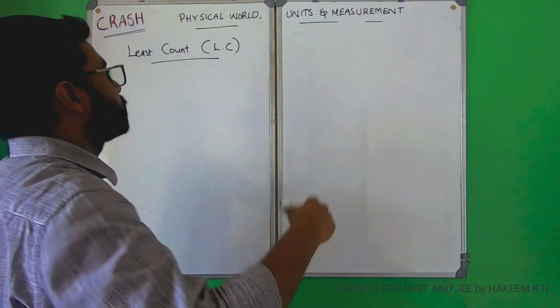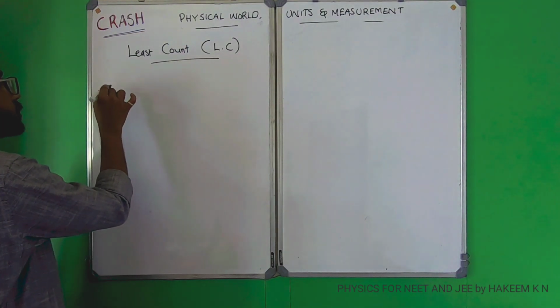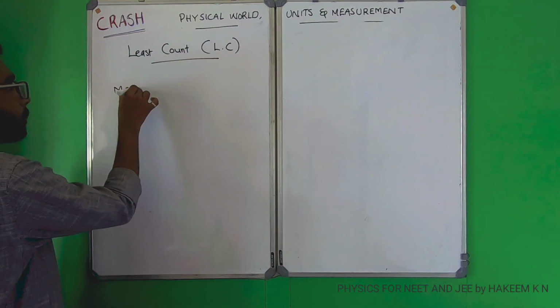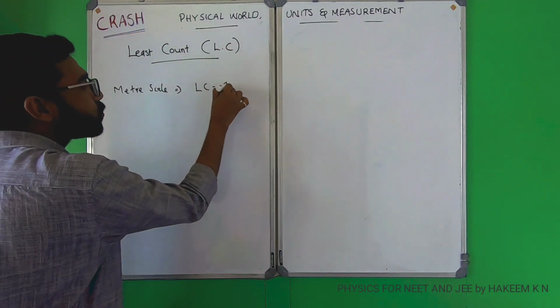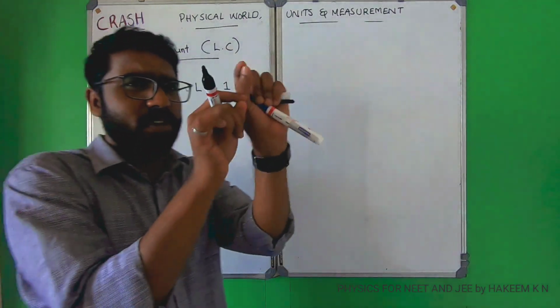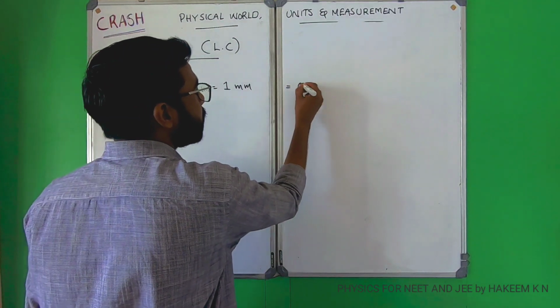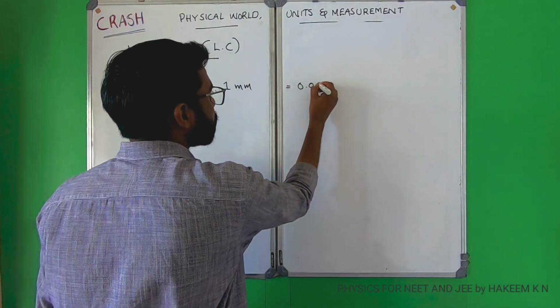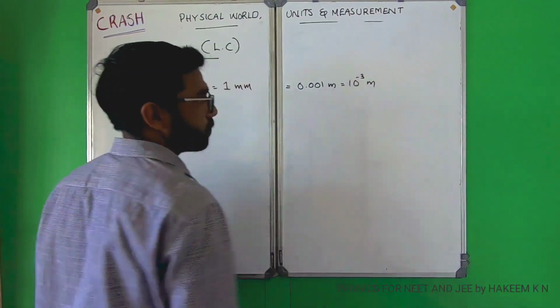For example, using a meter scale, the least count is 1 millimeter. 1 millimeter is the least count of an ordinary meter scale. 1 millimeter is 0.001 meter or 10 power minus 3 meter.